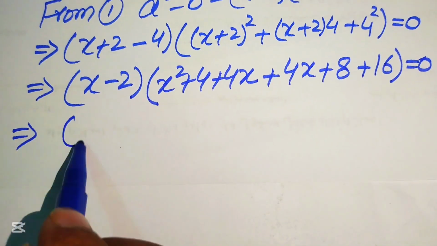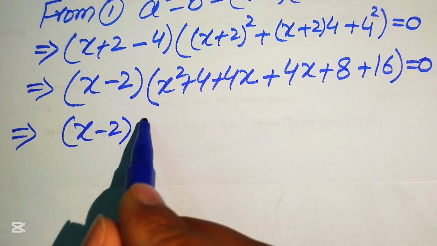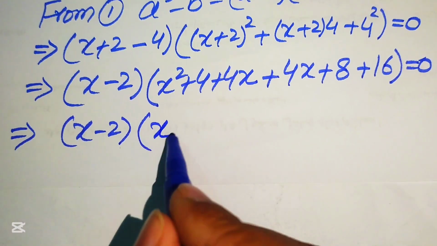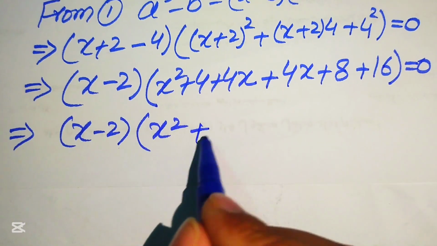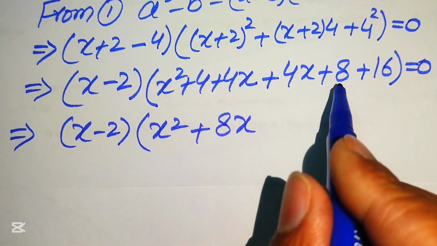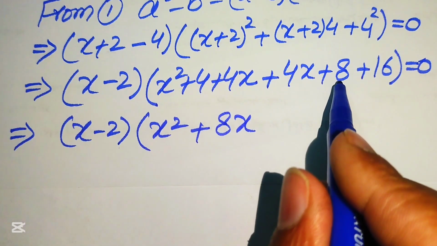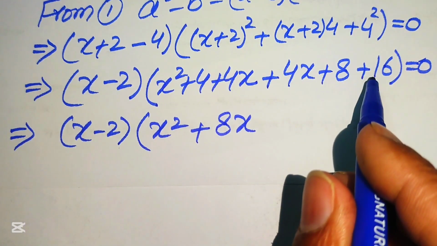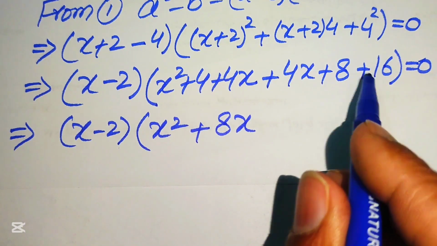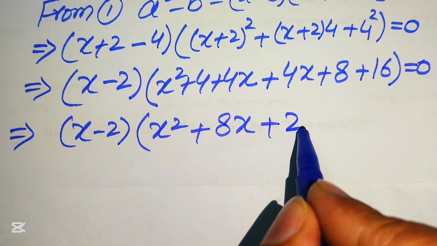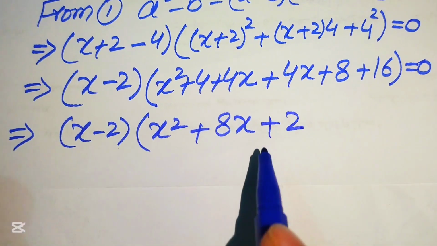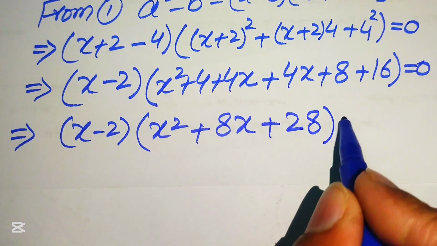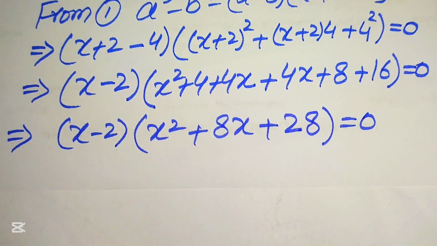In the next step we add or subtract like terms. We have x squared, 4x plus 4x becomes 8x, 4 plus 8 is 12, and 12 plus 16 equals 28, and this whole expression equals 0.